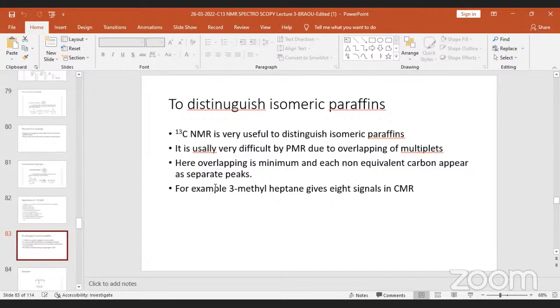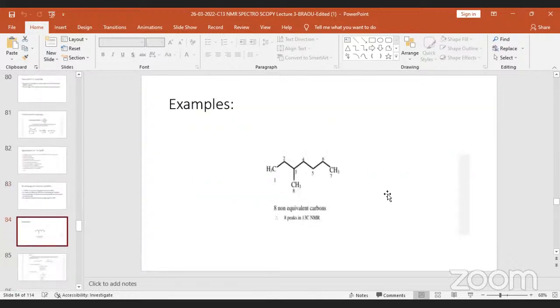But in C13 NMR, we can get separate signals because of the chemical shift range. Showing you this example, 3-methyl heptane. How many non-equivalent carbons do you have? 1, 2, 3, 4, 5, 6, 7, and 8.